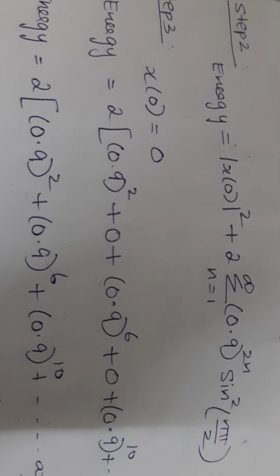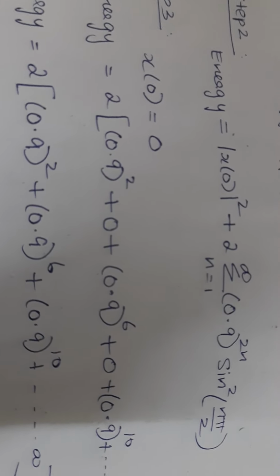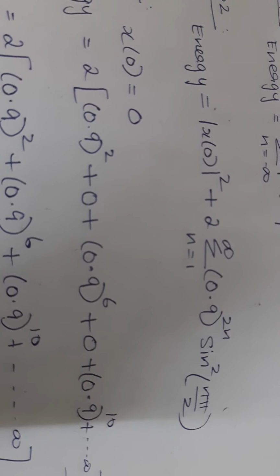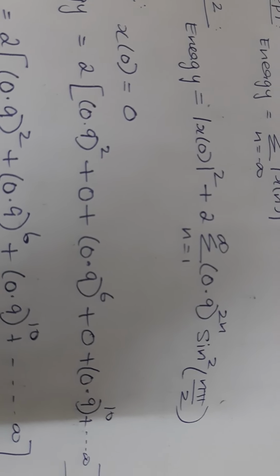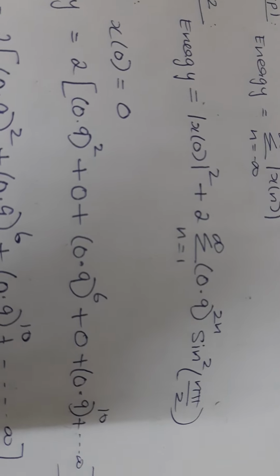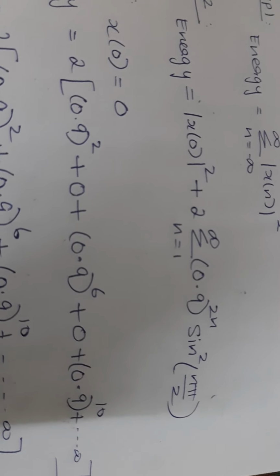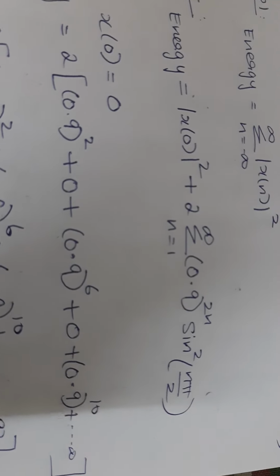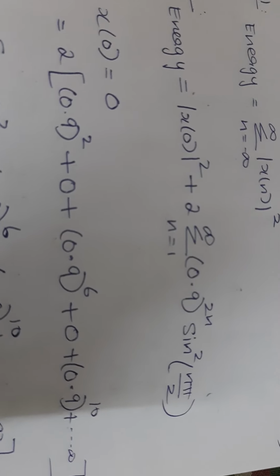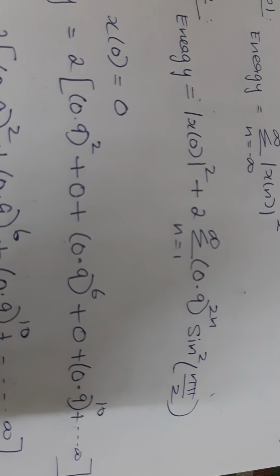Step 3 is we need to calculate h of 0. So in the signal substitute n equal to 0, which is equal to 0 since sin 0 is 0. And now we need to split the remaining part.